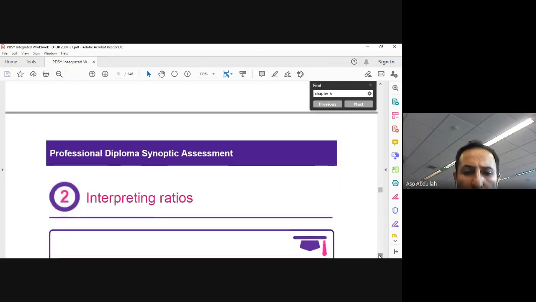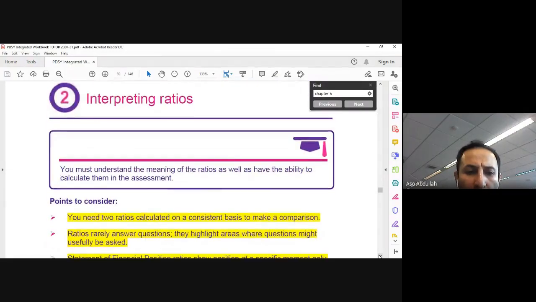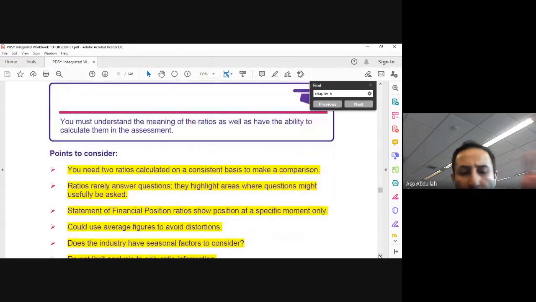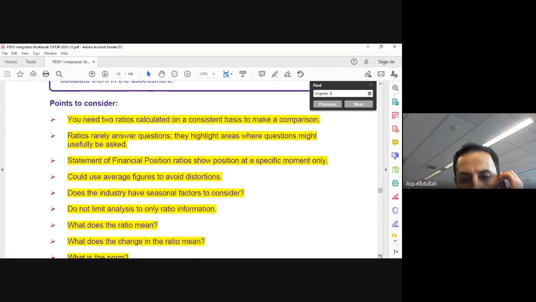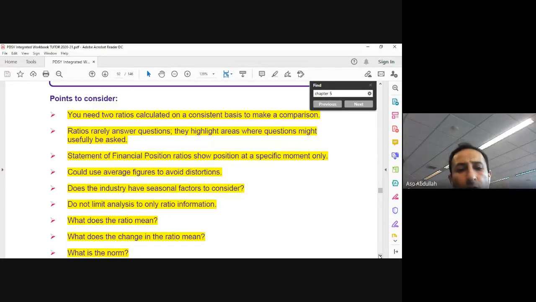In terms of interpreting a ratio, you calculate it through the formula, then you have to make your own decision. What do you think is causing it?